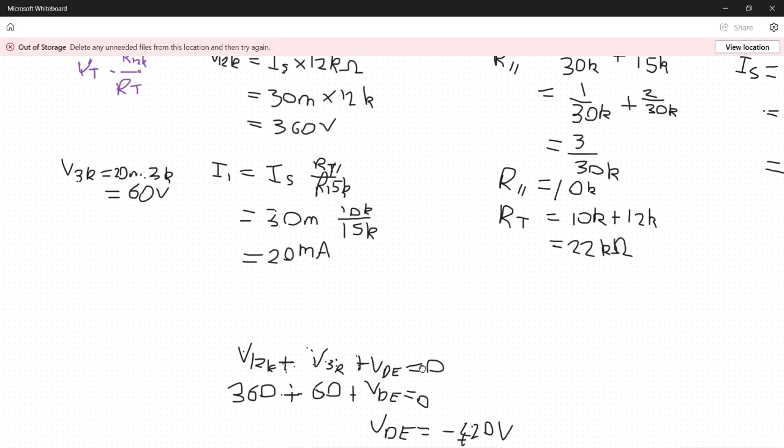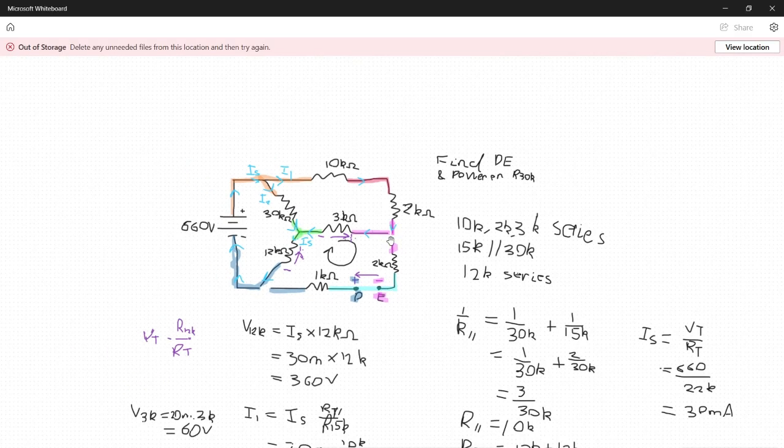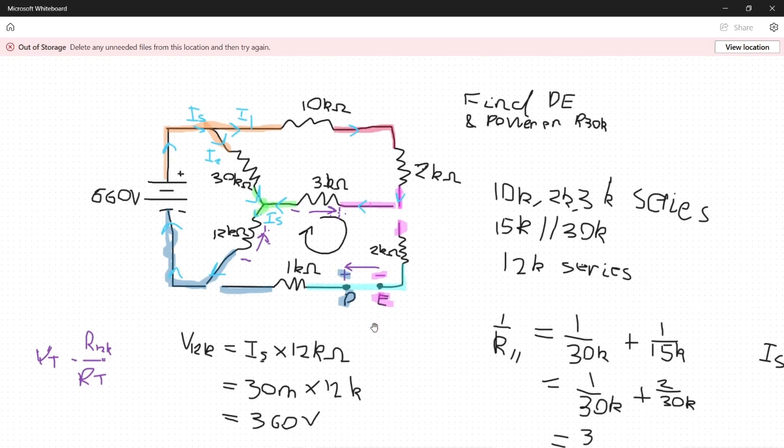Now, why is it negative? Well, if we look back here, the higher potential of the circuit is on this side, because you can see that this point will have the lowest potential in the entire circuit, while this will have the higher potential.